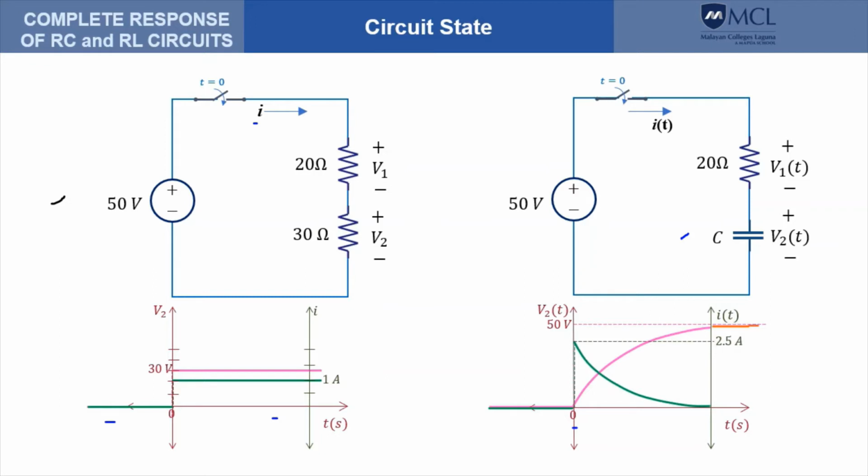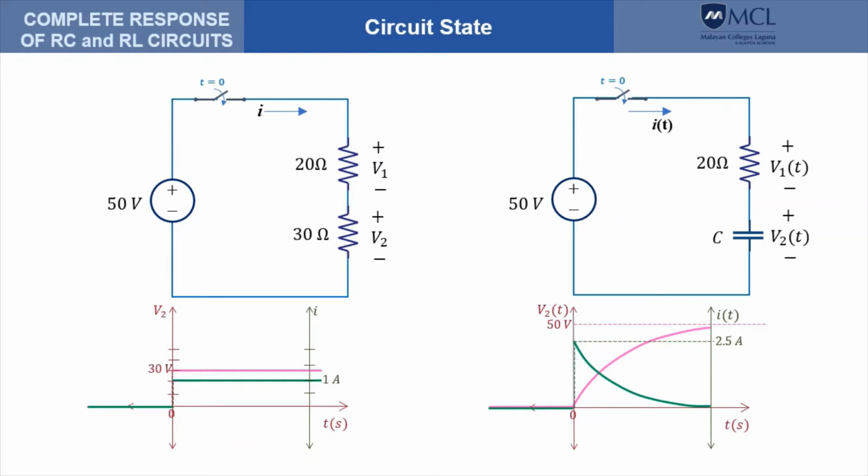We can also plot the current. So the current stays at 0 before t equals 0, and then at t equals 0, it suddenly increases to 2.5 amperes, and from there it starts to decrease towards 0 and stays 0 as time increases.